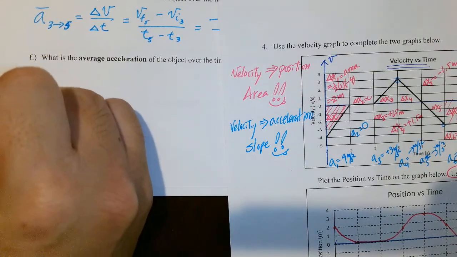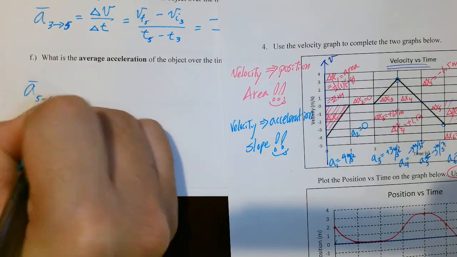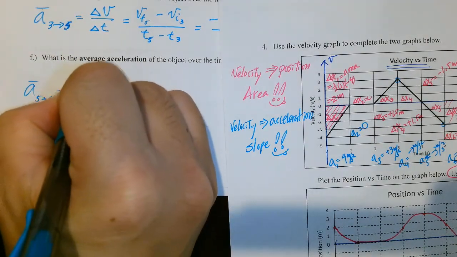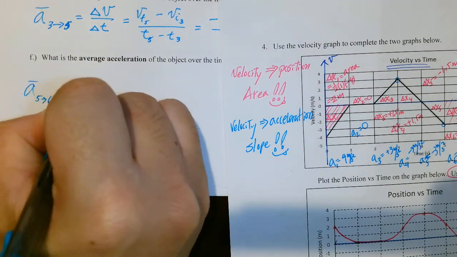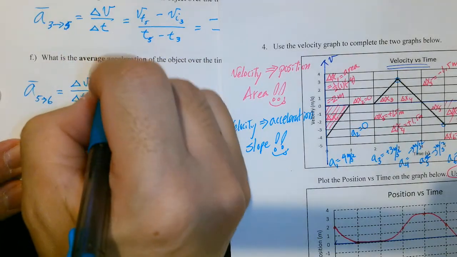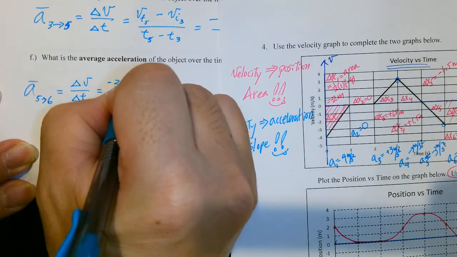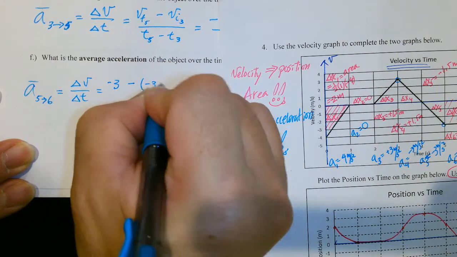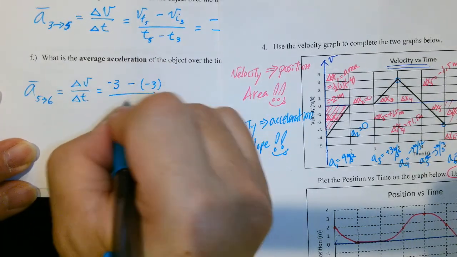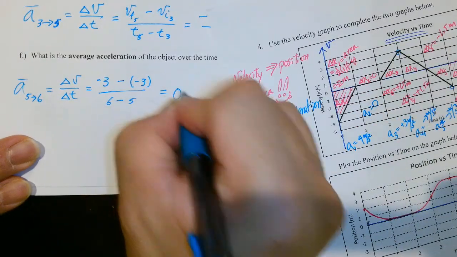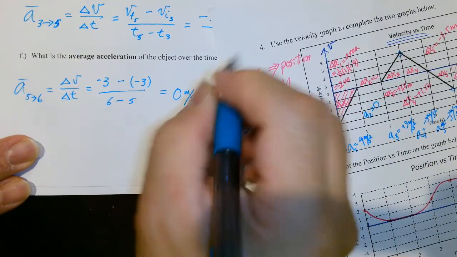So average acceleration from 5 to 6 is equal to, again, delta V over delta T, and that is negative 3 minus negative 3 over 6 minus 5, and that is 0 meters per second squared.